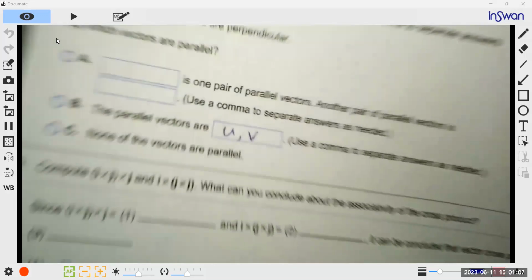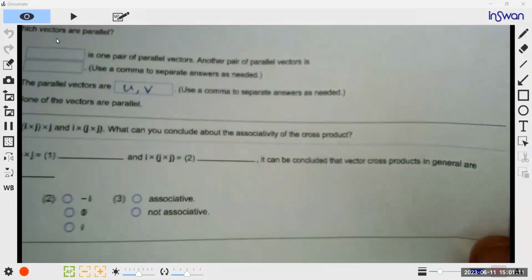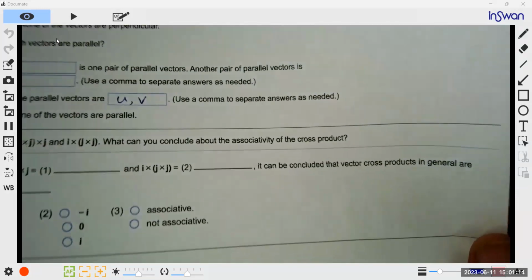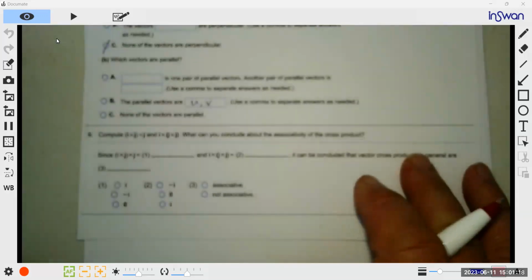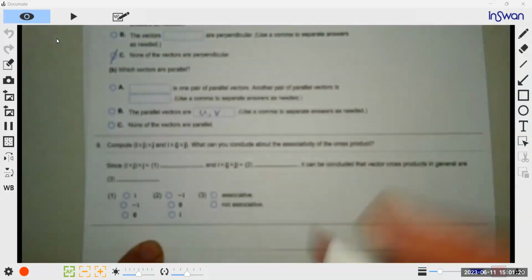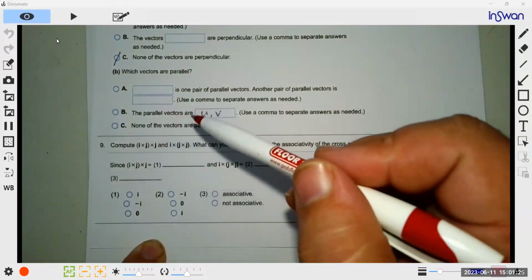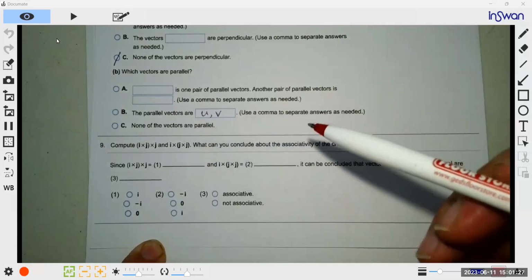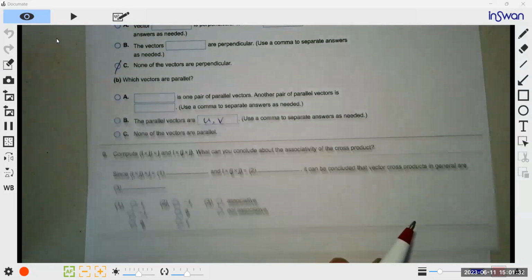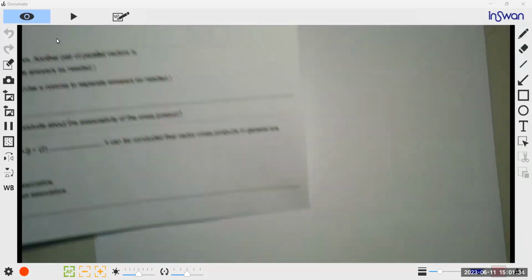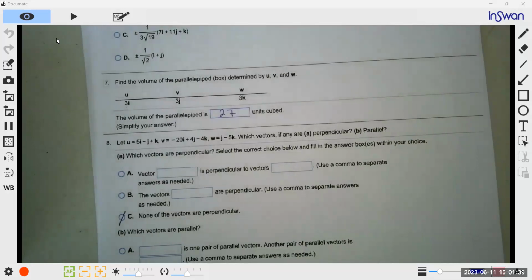All right, and number 9. Compute i cross j and i cross j, and conclude what's associativity about the associativity of products.